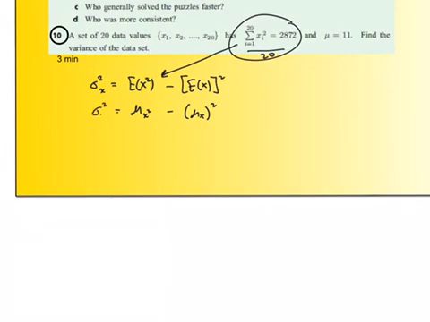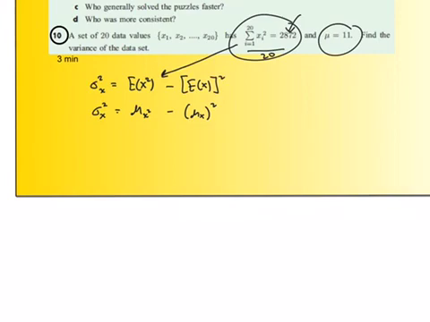So sigma squared is equal to the expected value of x squared, or mean of the x squareds, minus the mean of the x's squared. So I have the mean of the x's, it's 11, and I can find the mean of the x squareds by dividing this 2872 by 20.